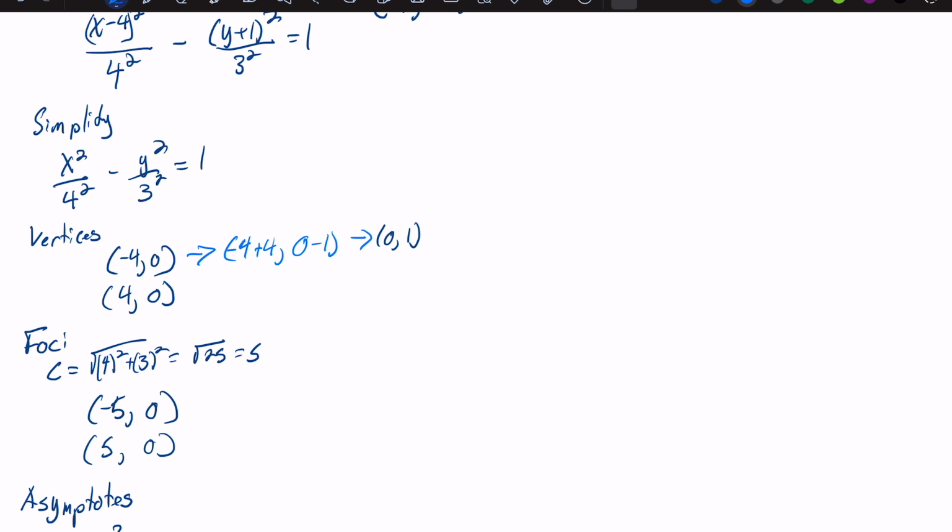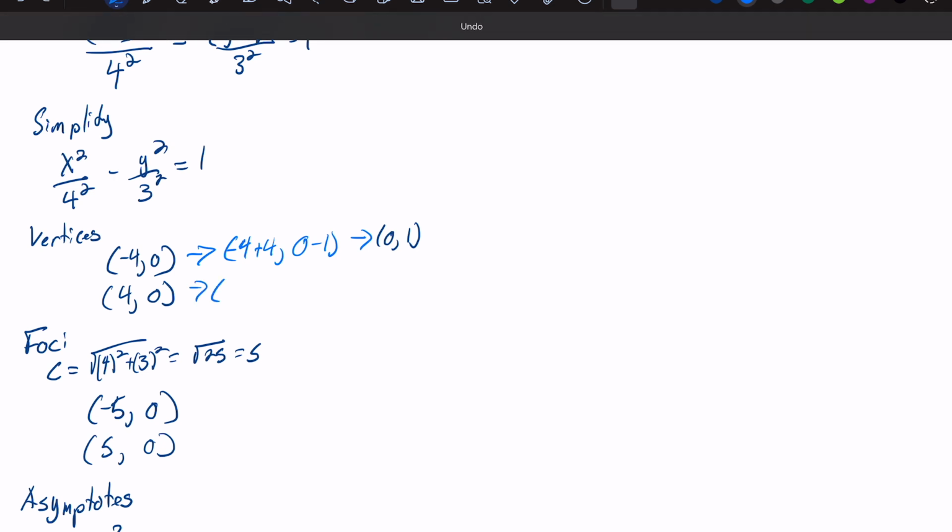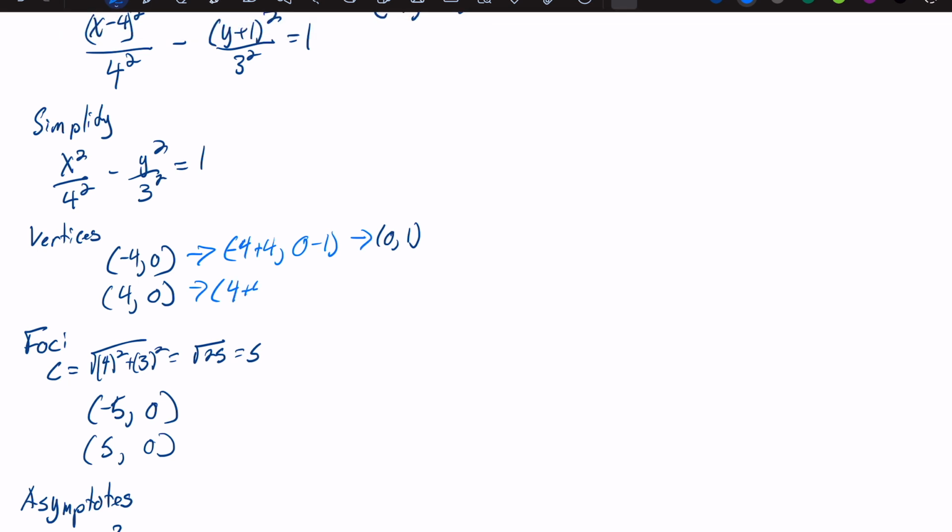Then we go back to the light blue. We have 4 plus 4 and 0 minus 1. So that gives us our new point of (8, -1). Oops, sorry, this should be a -1 up here as well.